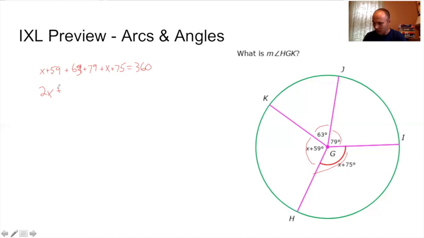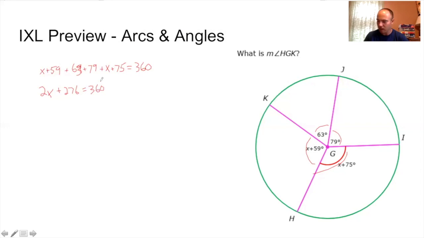What do we got? We got 59 plus 63 plus 79 plus 75, all that stuff, 276, right?